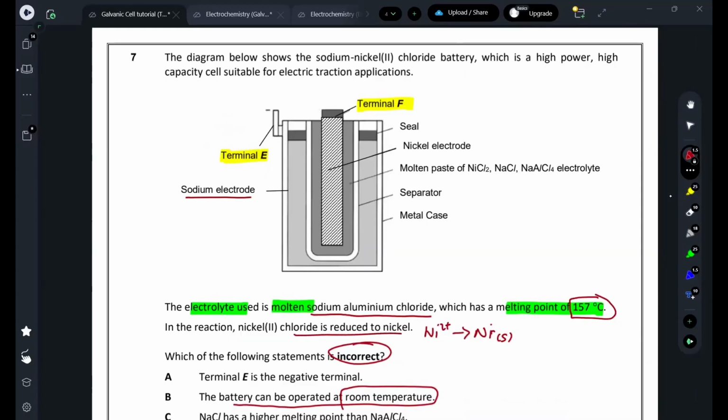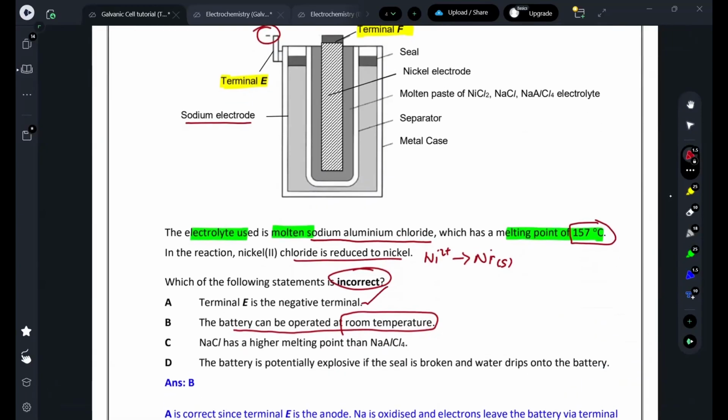So the sodium side is the oxidation side, which is negative polarity. You all still remember? Oxidation, negative. Reduction, positive for a galvanic cell. So statement A is okay.